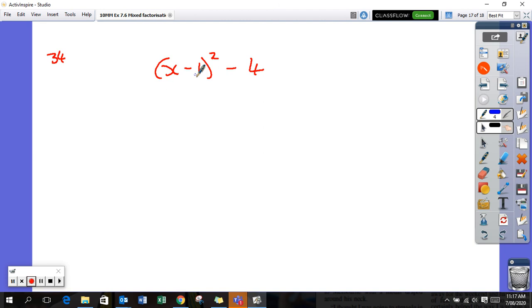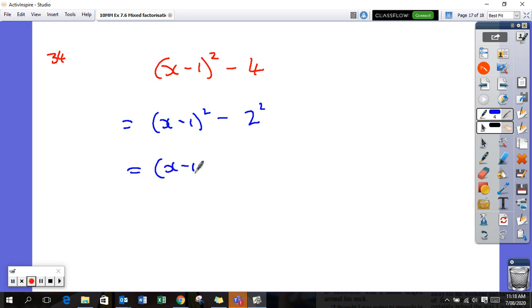Okay, x minus 1 squared minus 4, that's a square, 4 is a square number, so we're going to make this x minus 1 squared minus 2 squared. So, difference of two squares, x minus 1 minus 2, x minus 1 plus 2.